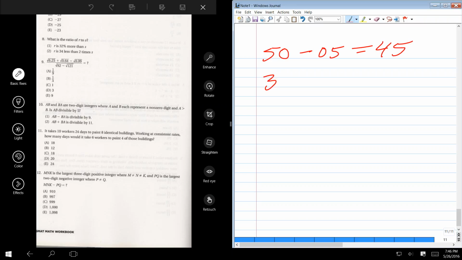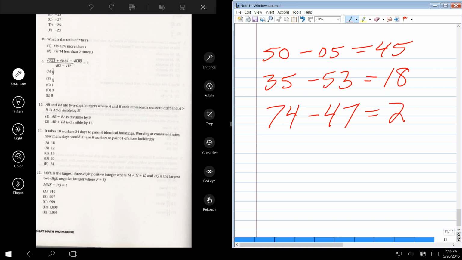Let's try 35, divisible by 5, minus 53. Well, that's 18. That's also divisible by 9. So it looks like maybe divisibility by 9 solves it. But then I tried one more, where I made sure the AB was not divisible by 5. That's equal to 27, which is also divisible by 9.